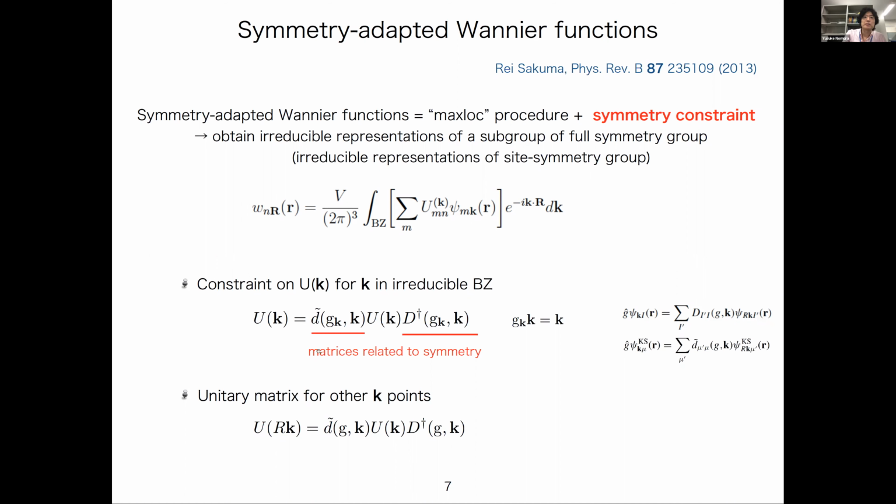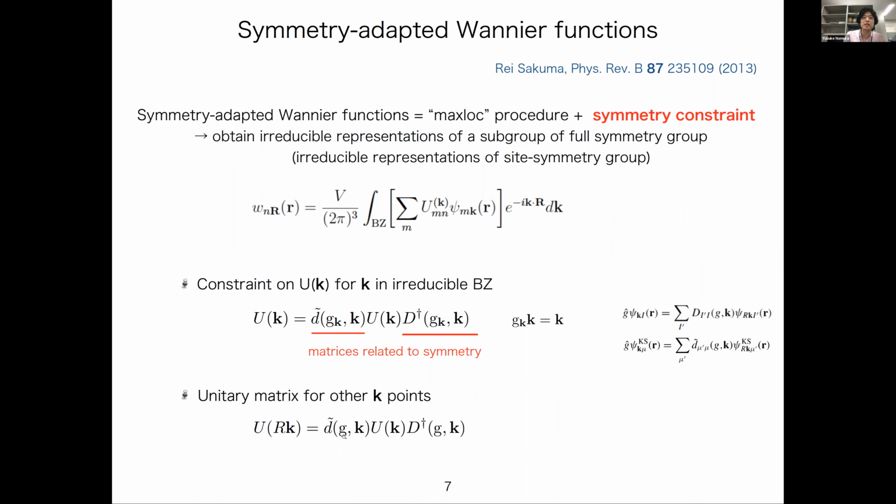Okay, so I forgot to explain. Here G_K is the symmetry operation which does not change the K point. So if we operate G_K on the K point, it goes back to the original K point. But this G changes the K point.